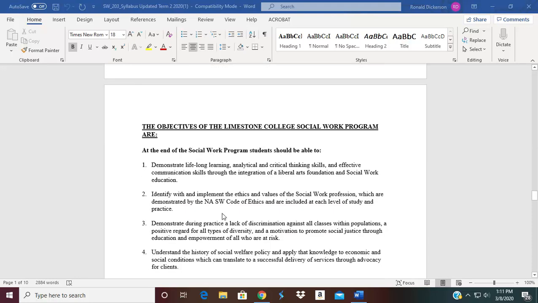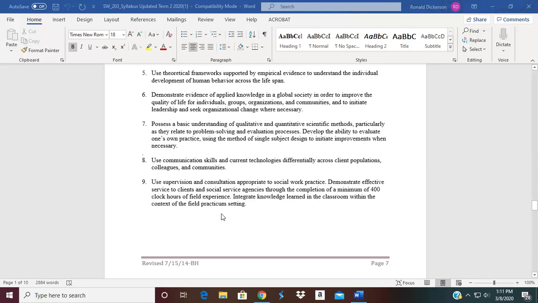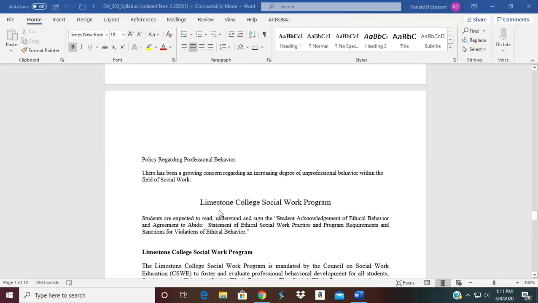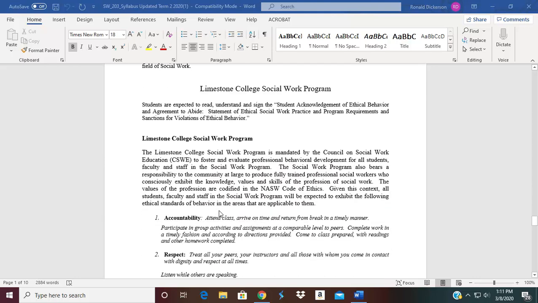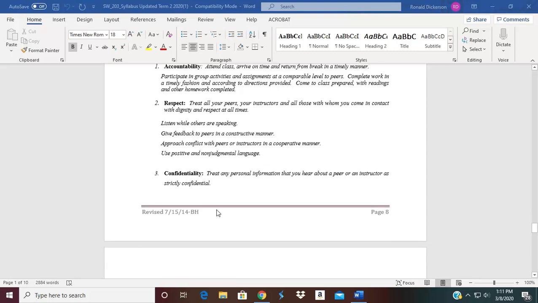Okay, again, this is just the goals of Limestone College. Sometimes I try to get students to read that. It's very important. And then you've got to look at basically the objectives of Limestone and what they are. So when you get a chance, go ahead and read that. And then, of course, you have the Limestone Social Work Program, and it talks about accountability, respect. And for students who are taking 203, you applied to complete a social work program, but you haven't applied to the social work program as a whole yet.